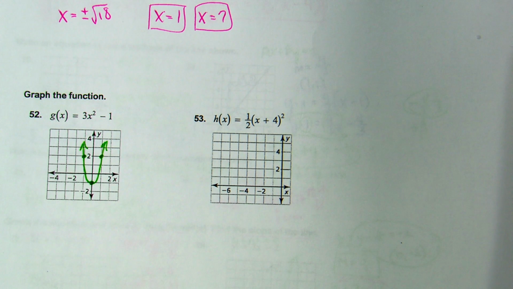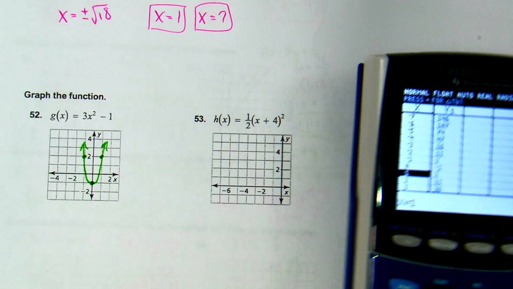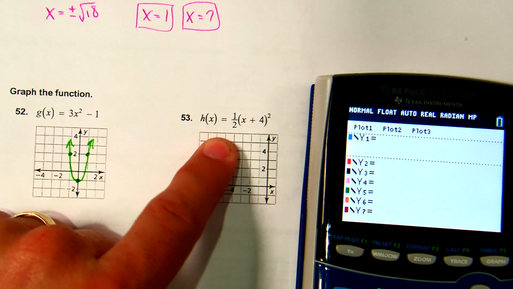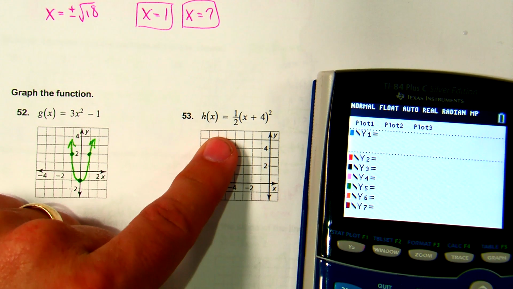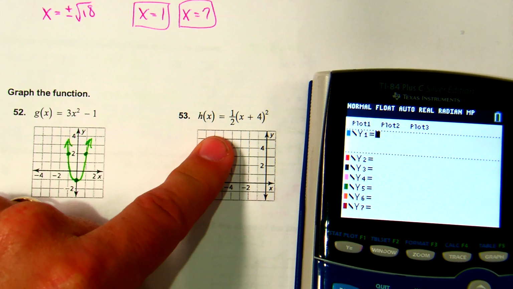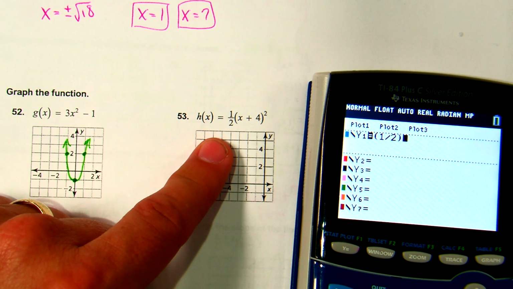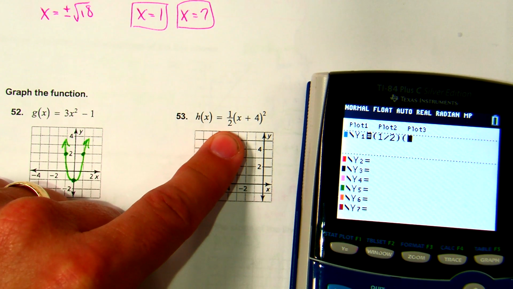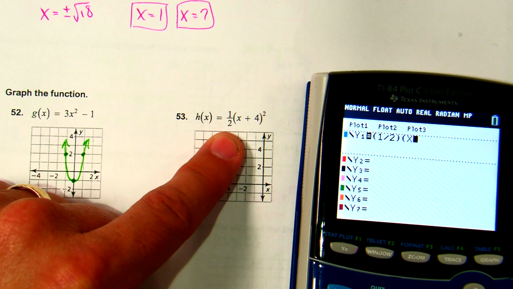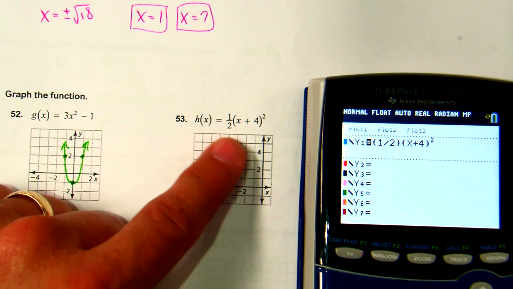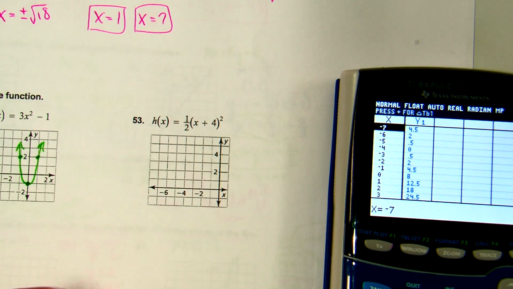All right, on number 53, again, I'm just going to go to y equals. I'm going to clear that one out and put this one in. Anytime I'm putting a fraction in, if you can do it in decimal form, that's great, that'll be easier. If you're going to put it in fraction form, I'd suggest putting in parentheses. Then I'm going to have x plus 4, close it, and square that. Now I'm going to go to my table and find some values to plug in so I can plot some points.